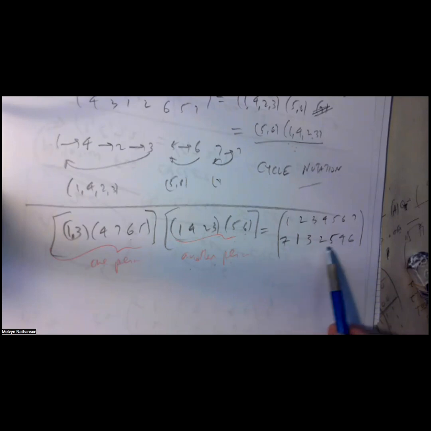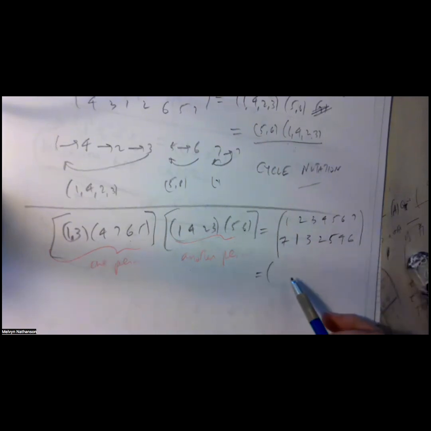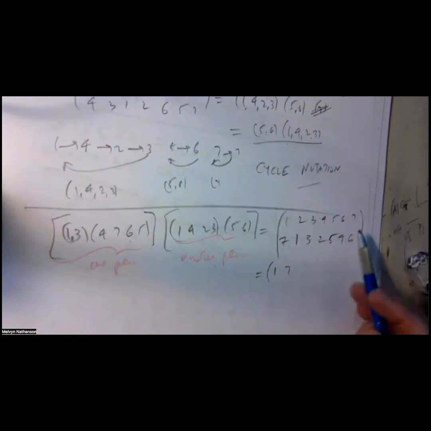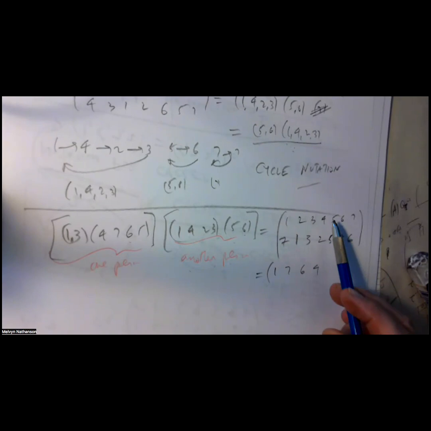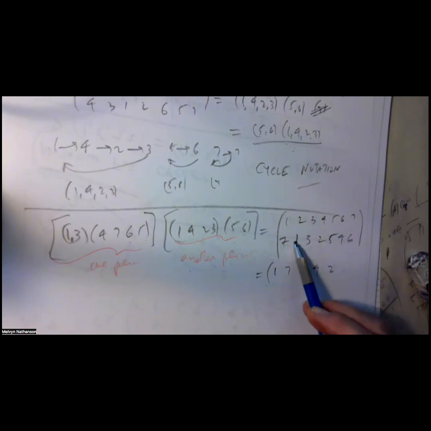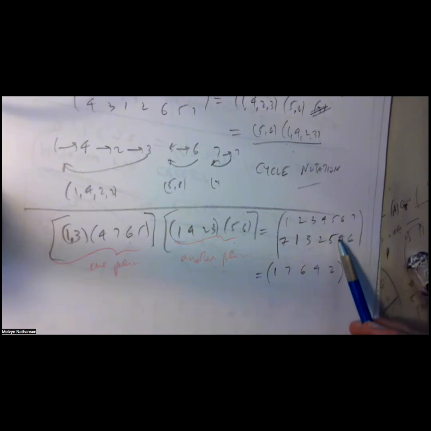And if I want to write this as a cycle, what is this? 1 goes to 7, 7 goes to 6, 6 goes to 4, 4 goes to 2, 2 goes back to 1. And what numbers don't occur here? 3 goes to 3, and 5 goes to 5, so I don't need to write them. So the product of these two permutations written using cyclic notation is this permutation in cyclic notation. This just turns out to be one cycle.